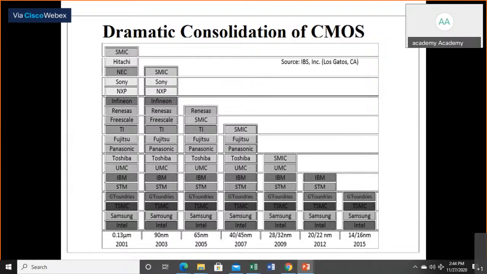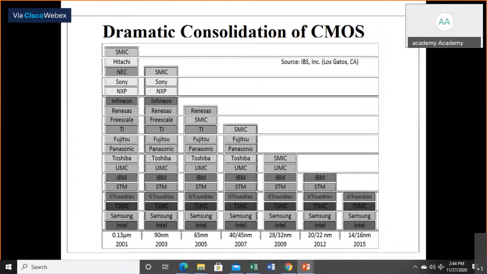Because these dimensions were very small, some of the companies found that it is very expensive. If you go for fabrication of very small transistors around 20, 22 nanometer, some of the companies think that it is not feasible to cope with this requirement.